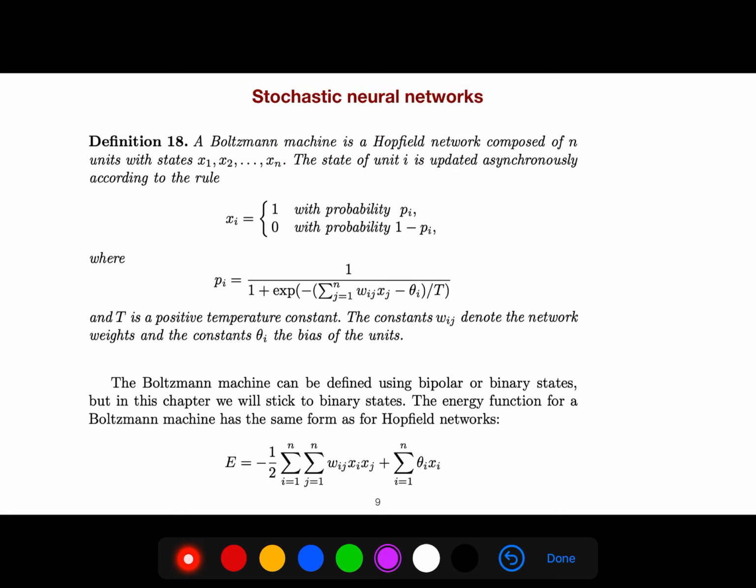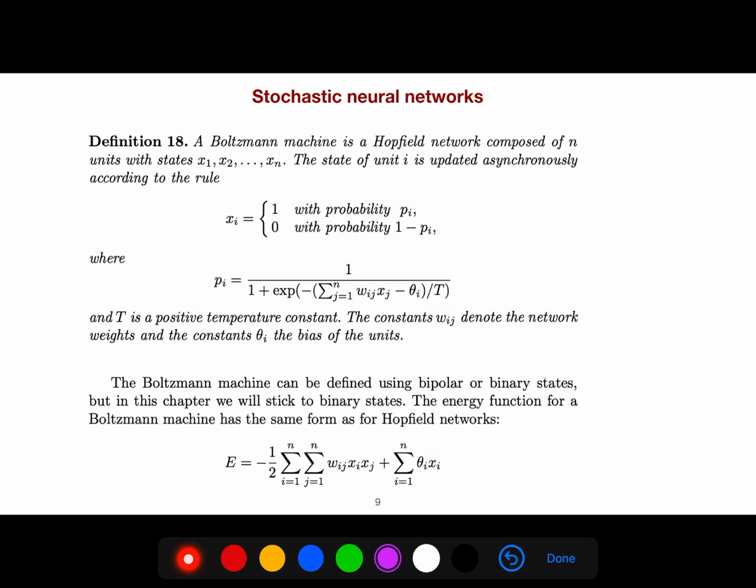So this is a kind of stochastic neural network. We want to define a Boltzmann machine like this. A Boltzmann machine is a Hopfield network composed of n units with states x_1 through x_n.